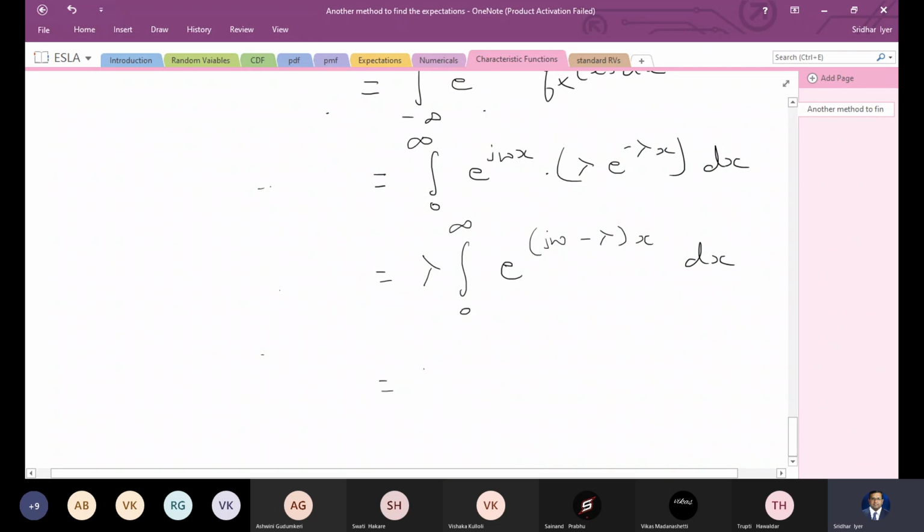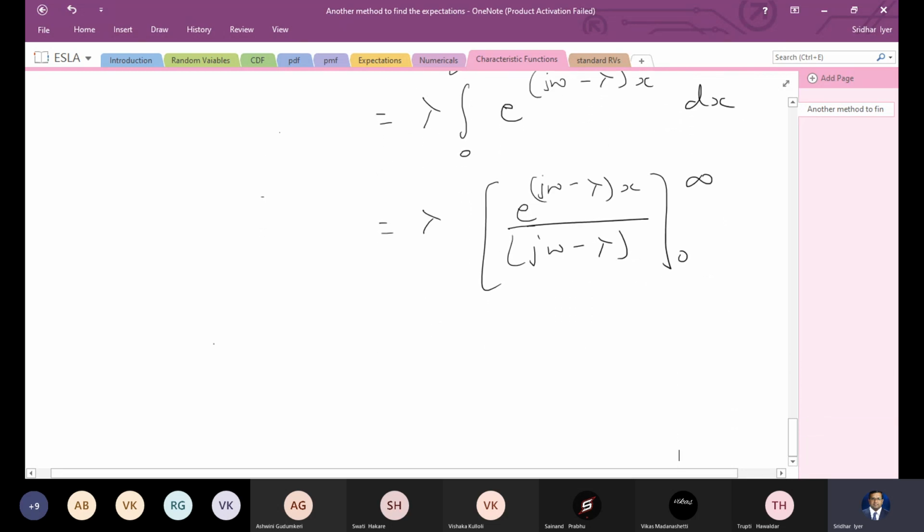So a will be the constant, where a is your j omega minus lambda. Okay? So here you have lambda. The integral of e raised to ax is e raised to ax divided by a, with the limits. So you'll have e raised to j omega minus lambda into x divided by j omega minus lambda, and the limits here will be from 0 to infinity, right?